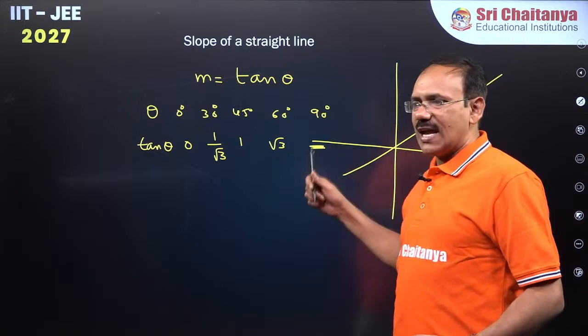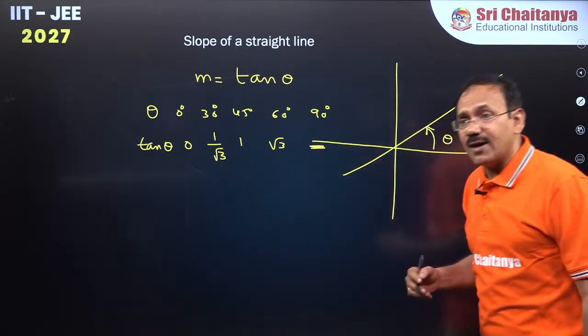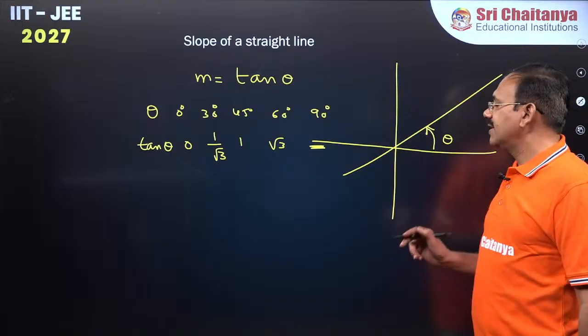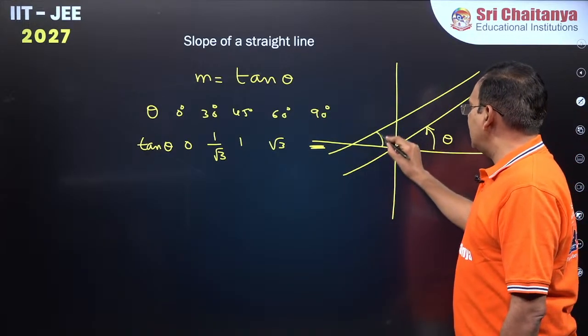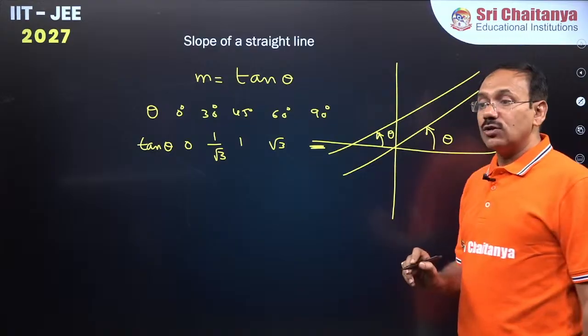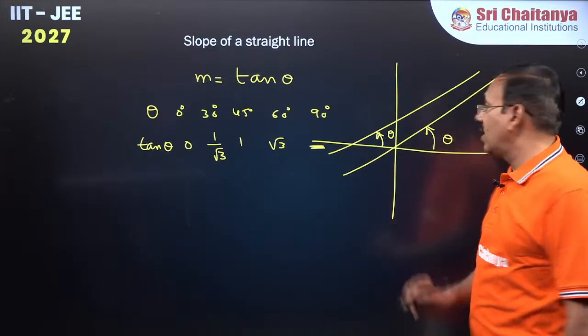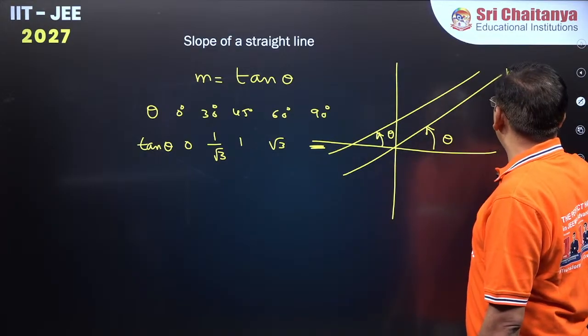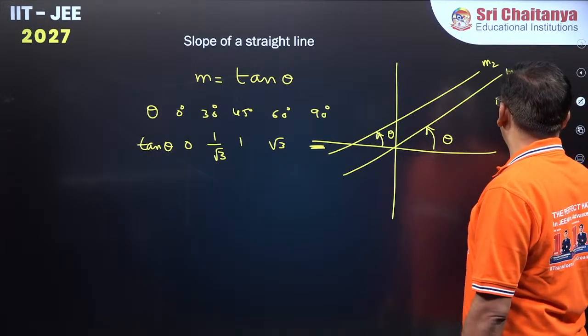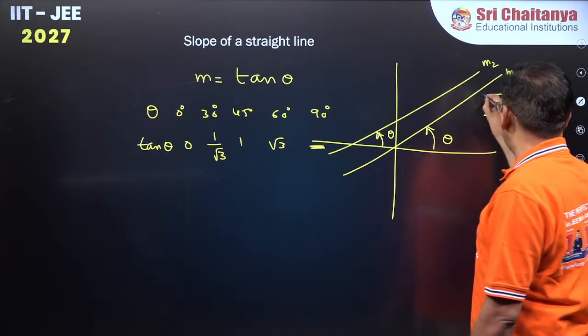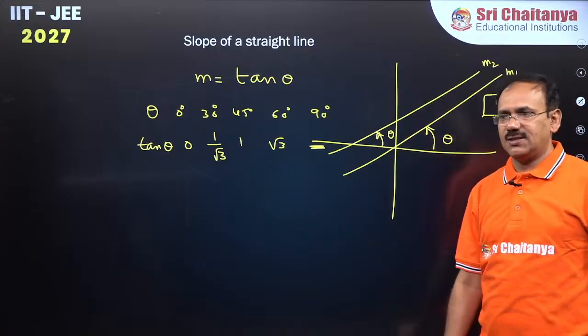So this is tan theta. One more important point, guys: if two lines are parallel, obviously the inclinations are the same, so their slopes are equal. If two lines are parallel, suppose they have slopes m1 and m2, m1 is equal to m2, a very, very important observation, guys.